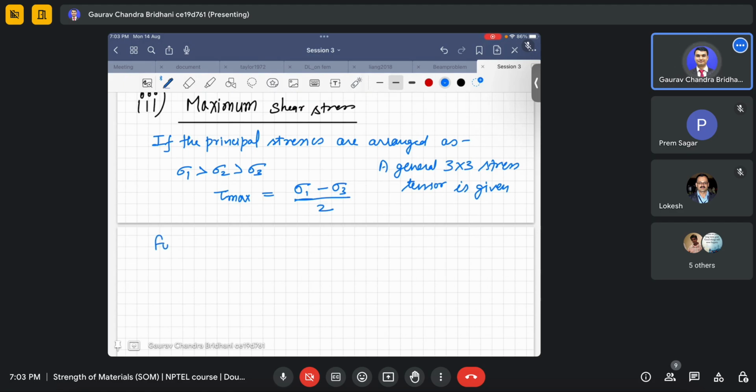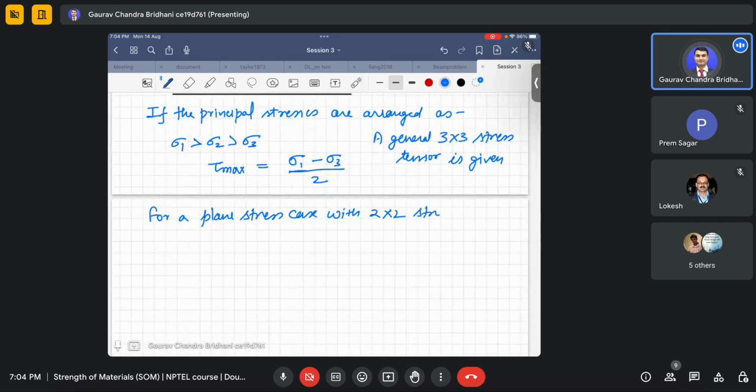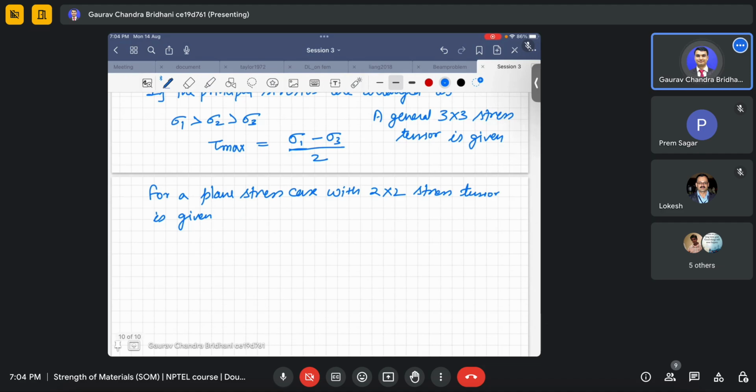Now for the plane stress case, where a 2x2 stress tensor is given, you have to arrange sigma 1 greater than sigma 2, and then the tau max will be sigma 1 minus sigma 2 by 2.